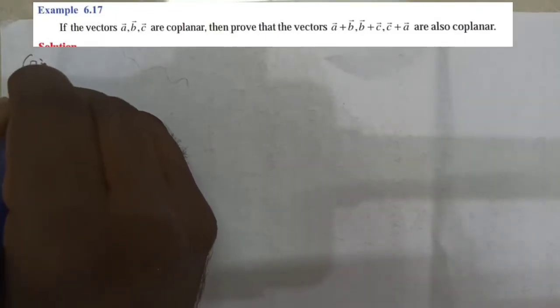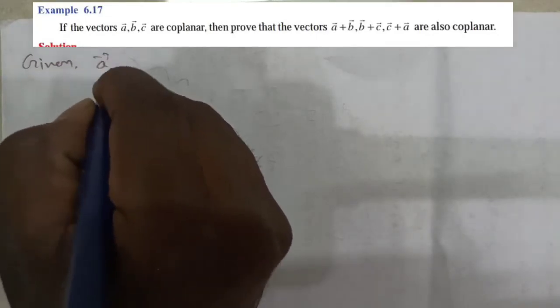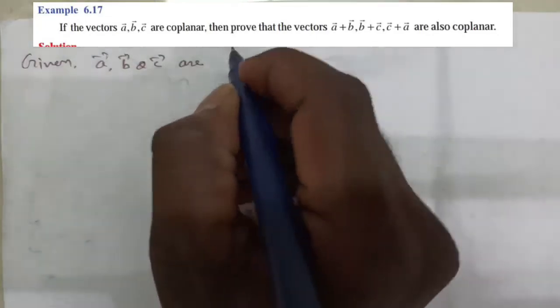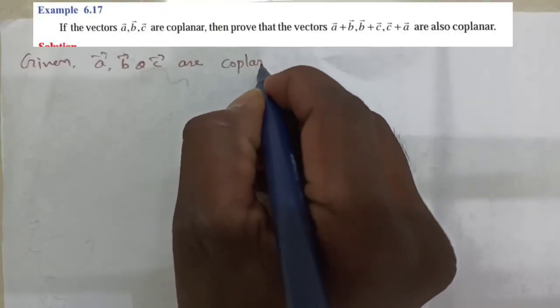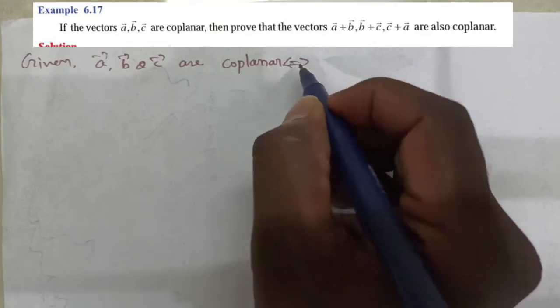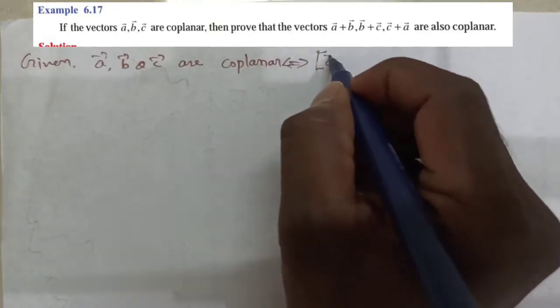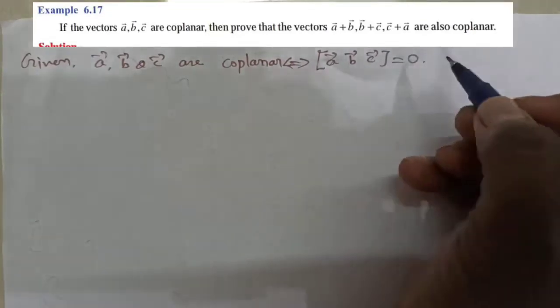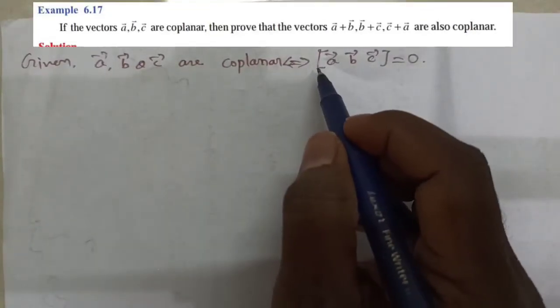The given: A vector, B vector and C vector are coplanar. Coplanar means we know that the box product of A vector, B vector, C vector is equal to 0. So this is a known result.